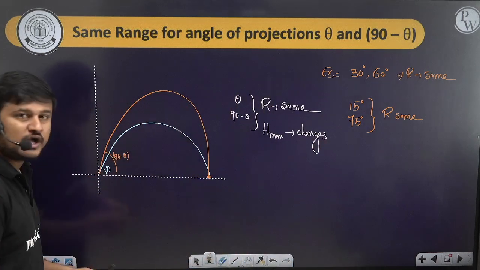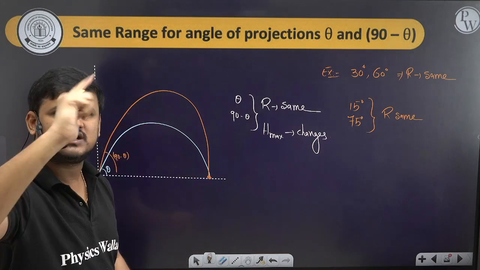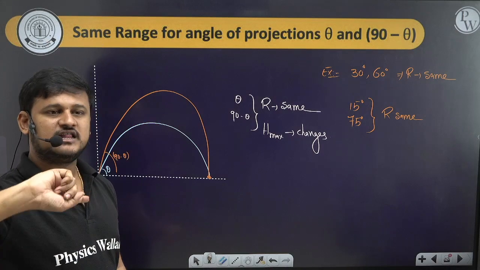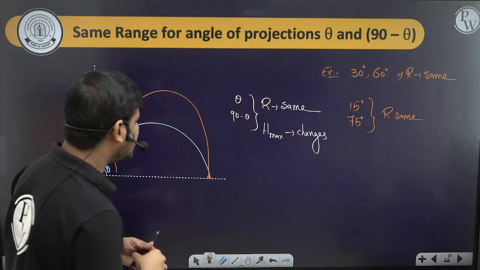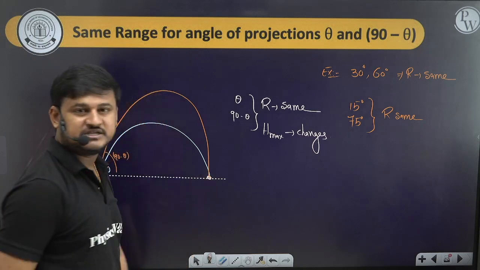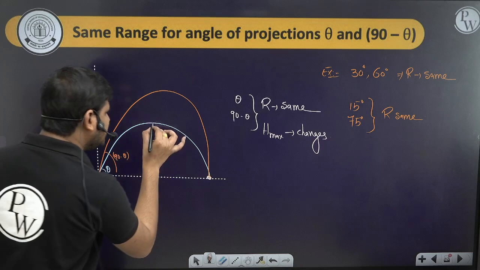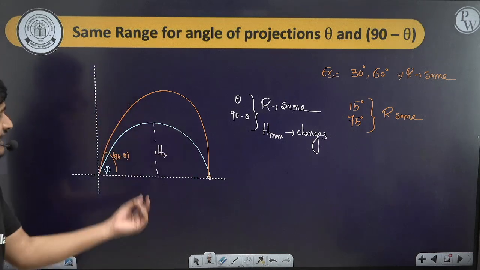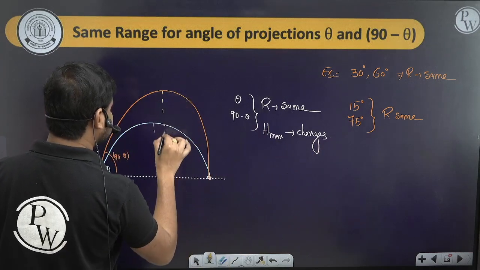The range is the same. If you throw an object with some angle theta, it follows a path like this. With 90 minus theta, it follows some other path, and the range will be the same, meaning horizontally it reaches the same distance. But vertically, the maximum height reached at angle theta differs from the height reached at angle 90 minus theta.